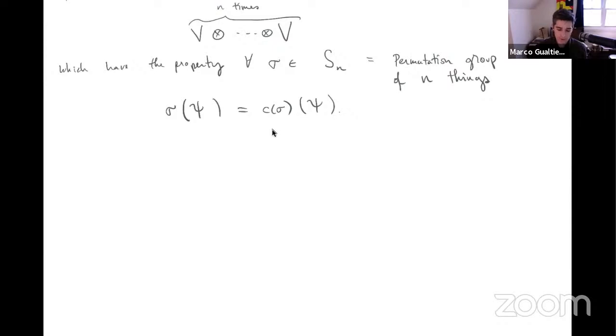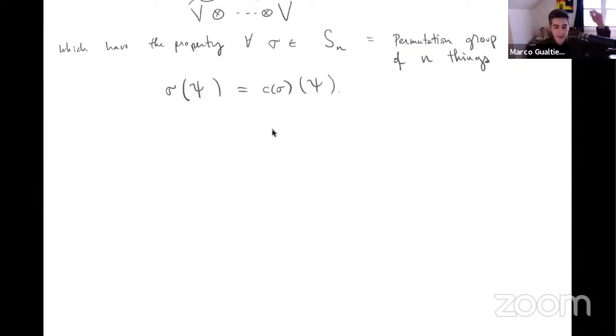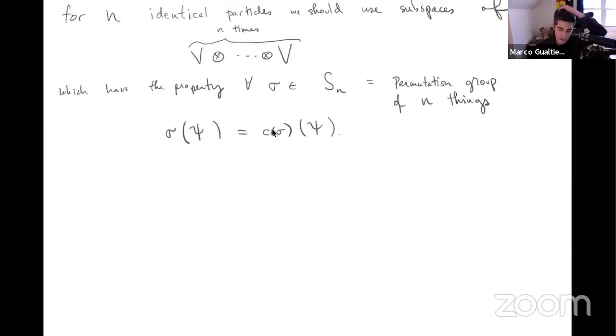So in other words, we should consider a subspace which doesn't change the physical state.